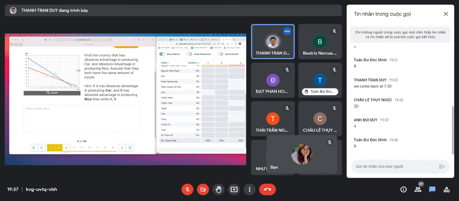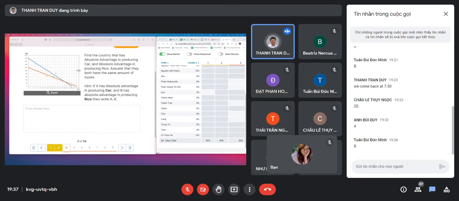But I know that if the country uses all of its resources to produce car, it has 40. Another country has the same amount of input, but if it spends all resources, it has only 36.